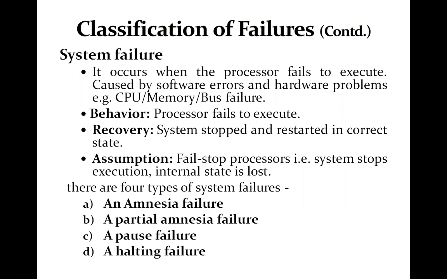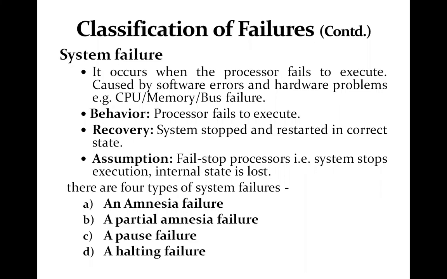Predefined means it does not depend upon the state of the system before its failure. This type of failure typically occurs in the file server, where the file server crashes and restarts, or when the system is restarted from a checkpoint.